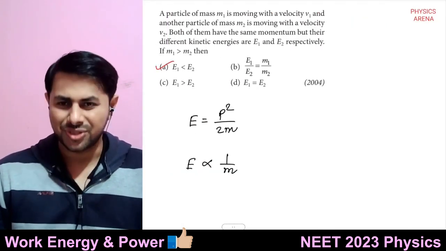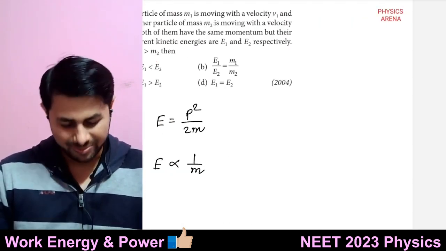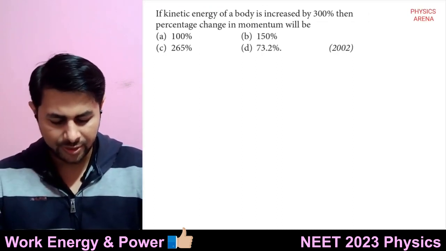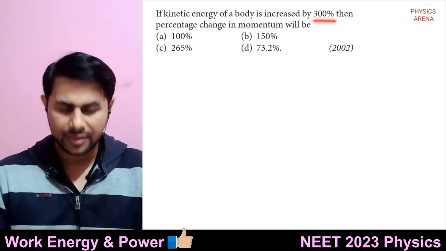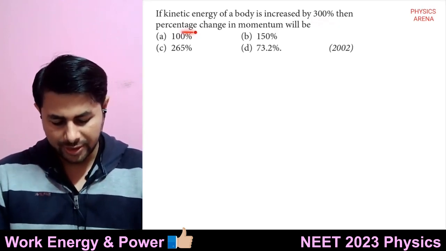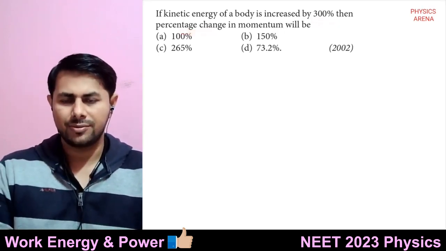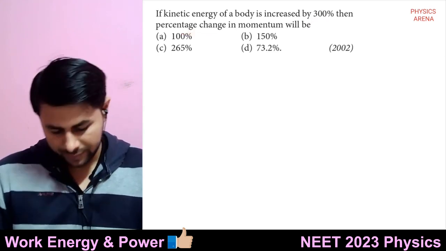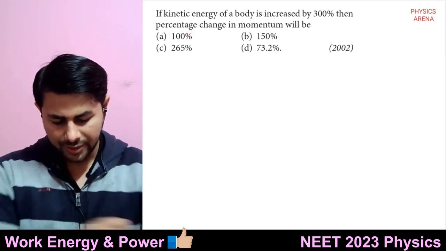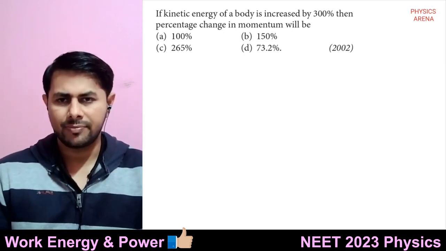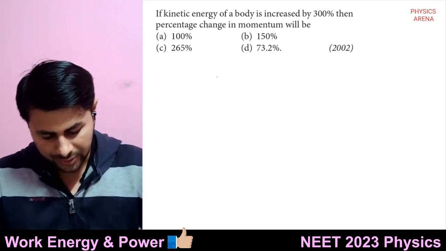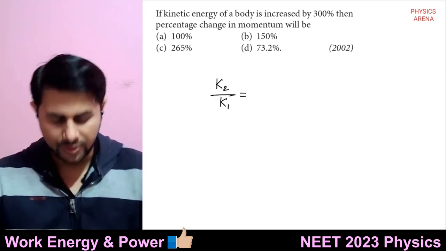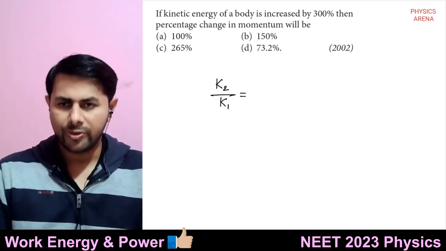These are all NEET questions. Very, very simple. So if the kinetic energy of a body is increased by 300%, then the percentage change in momentum will be. So again, this is simple, right? Kinetic energy is increased by 300%. So we can say K2 upon K1 equals how much? What will be the ratio?